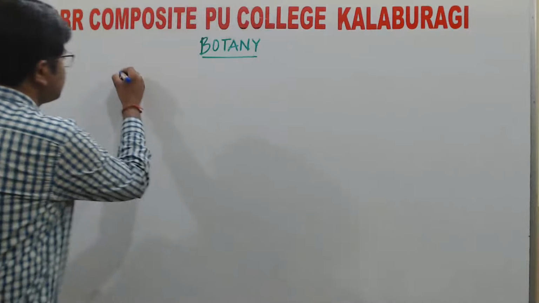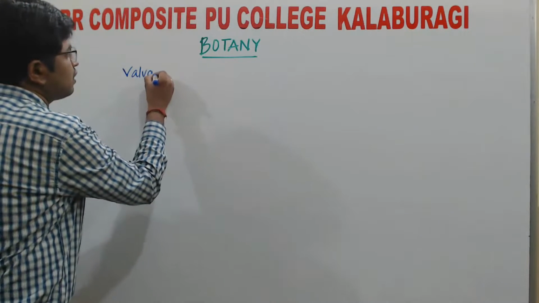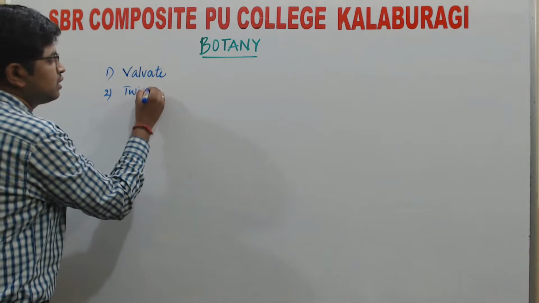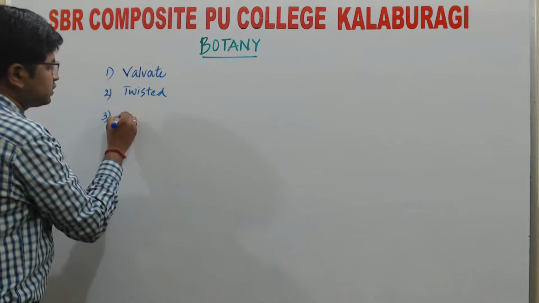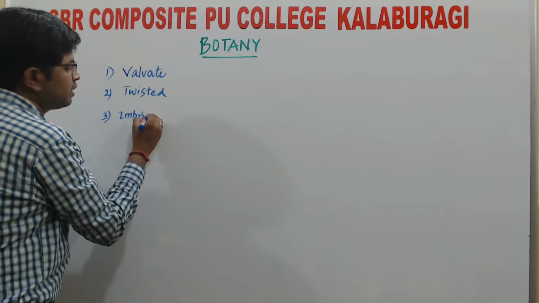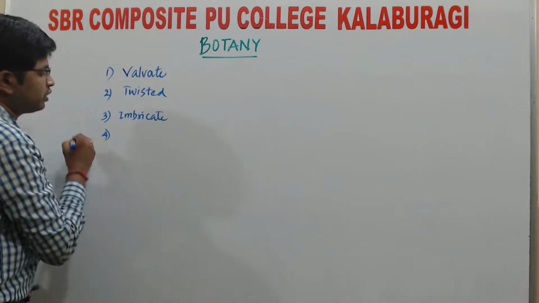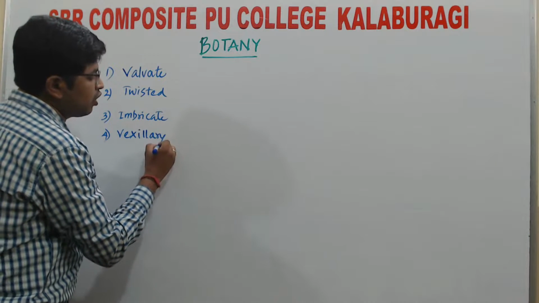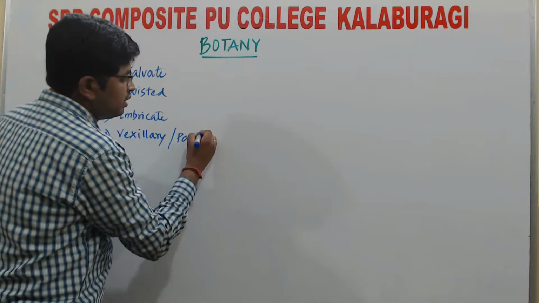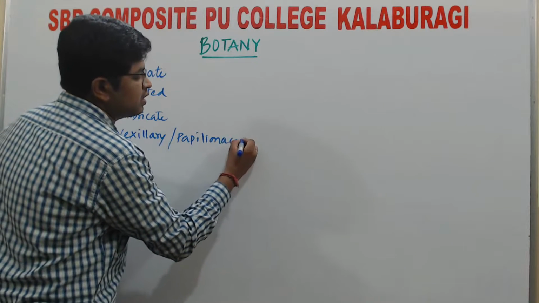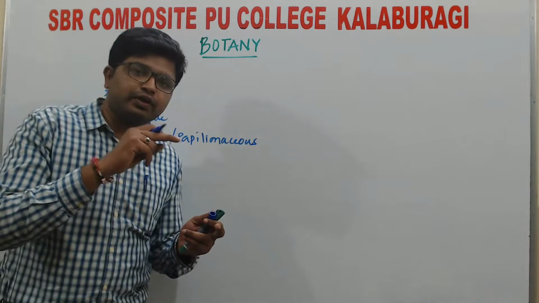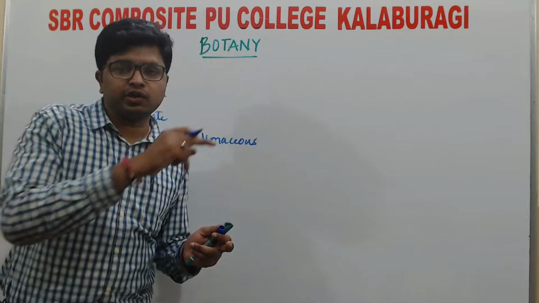Four types of estivation which I had discussed yesterday were valvate, the second one was twisted, third was imbricate, and fourth was the vexillary or papilionaceous. Okay, so four types of estivation, the mode of arrangement of sepals or petals on the floral bud.